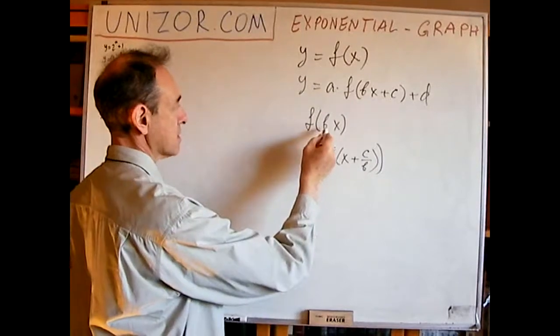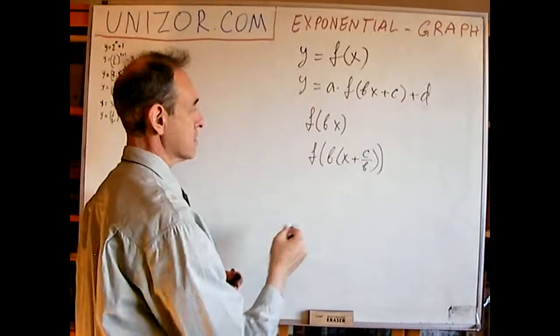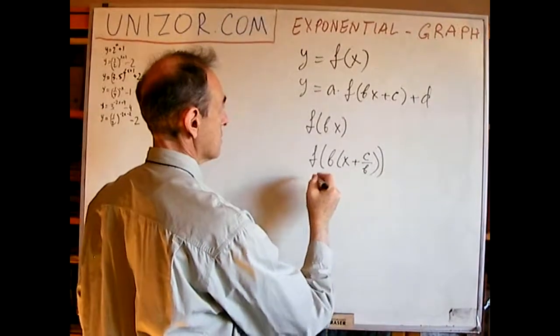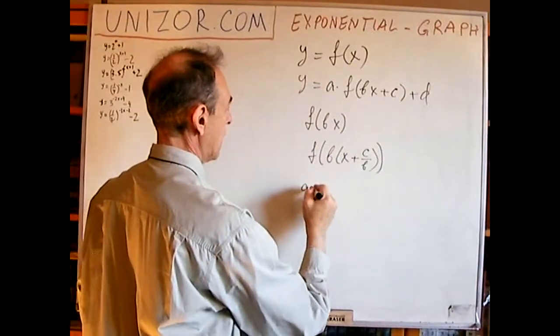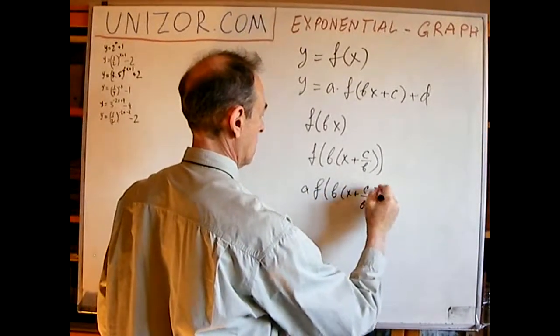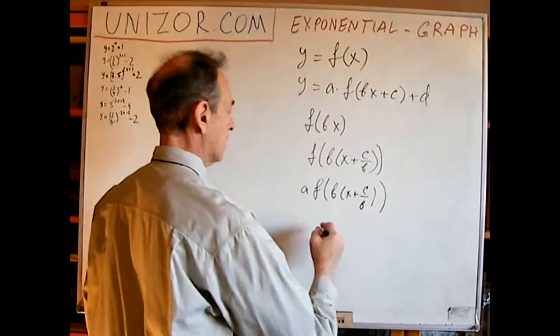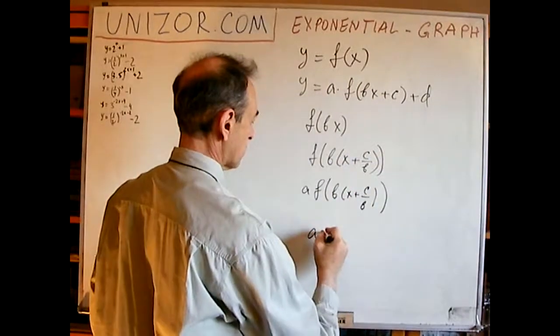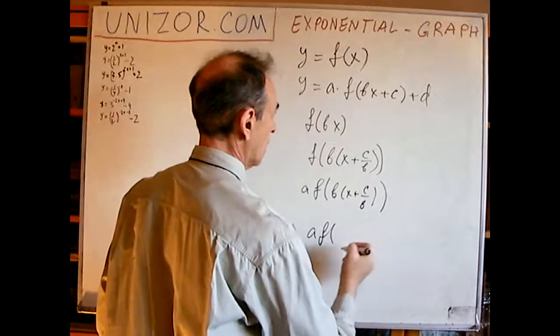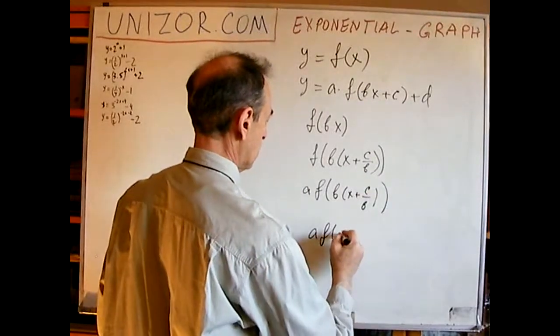So first this is a horizontal stretching or squeezing. Then this is a horizontal shift by c over b. Then you multiply it by a. And then you add b to the result, which means you're stretching vertically, and then you're shifting vertically.